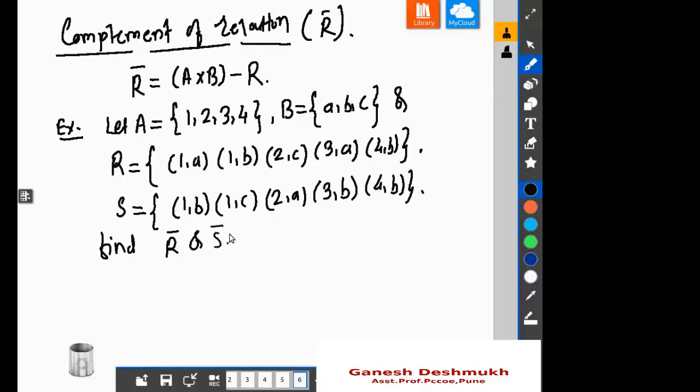So first of all, before finding R's complement, because R's complement is defined as A cross B minus R, I need to find out first the cross product.